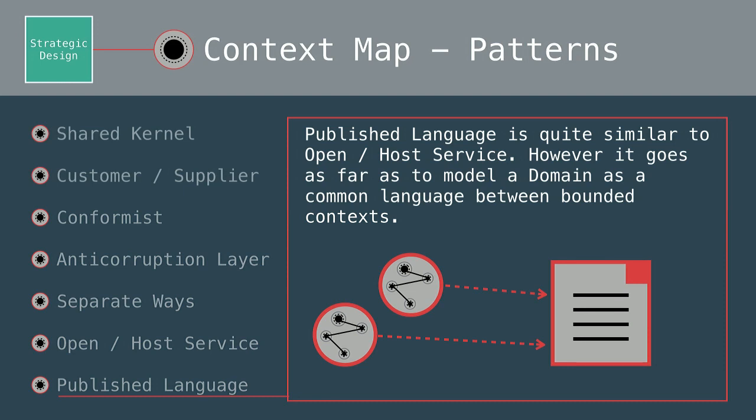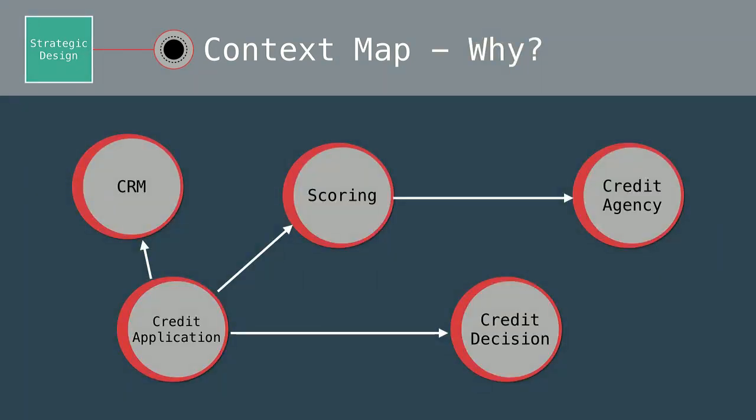And now, why is that so interesting? Let's take a look at this system here. For instance, we have a mortgage or credit application, and the credit application is calling a CRM system where we have a customer.